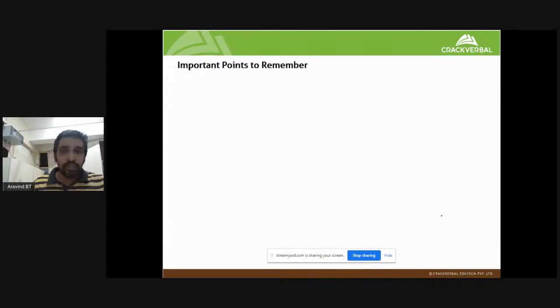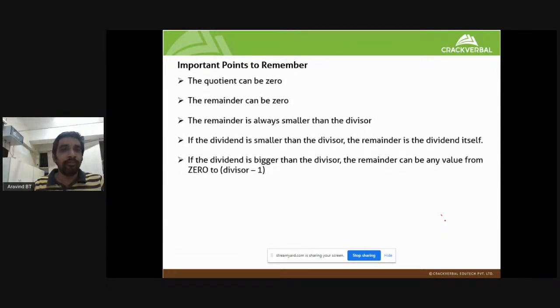So what are the important points you have to remember about the quotients and remainders? You have to remember that the quotient can be 0. This is a very important point that a lot of test takers miss out, right? Because they assume that the quotient has to be a positive integer. It is not necessary. The quotient can be 0.